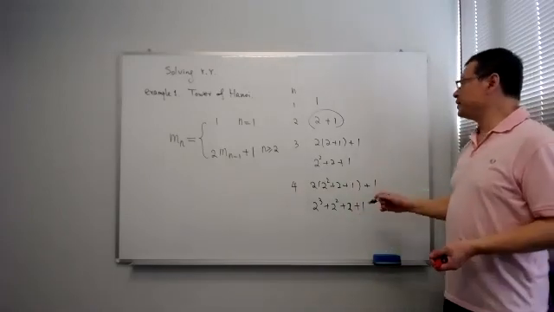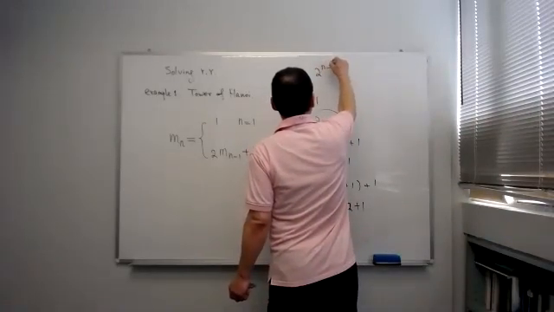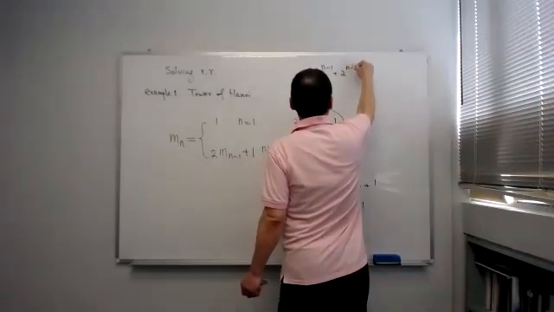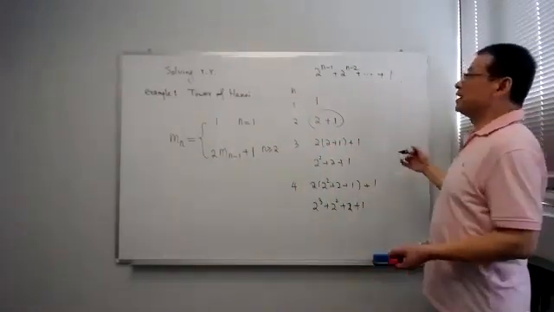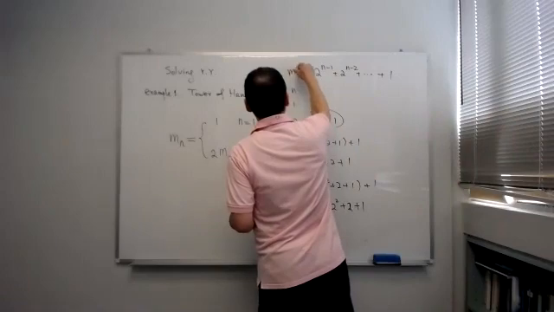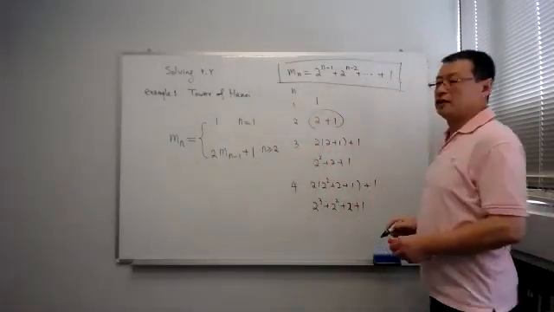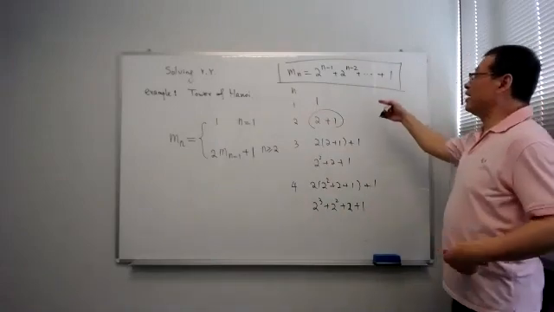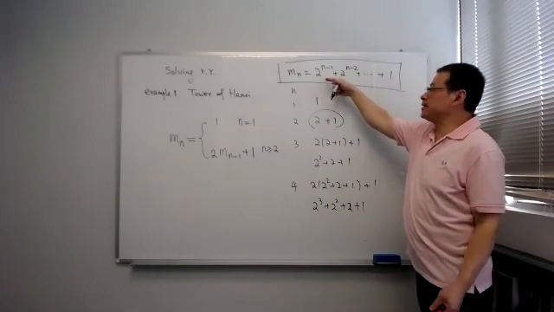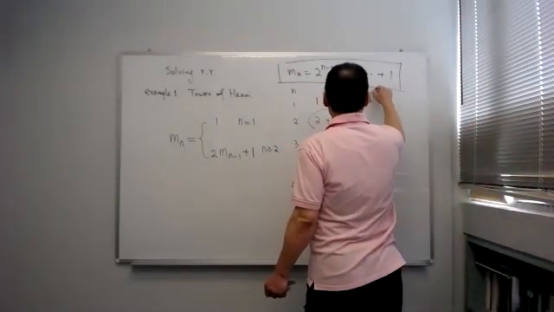So the pattern is 2 to the n minus 1, and so on. If we keep on doing things like this, it seems this one is this. Now we need to do a summation in order to find the closed formula, the summation of this. So M(n) equals 2 to the n minus 1.